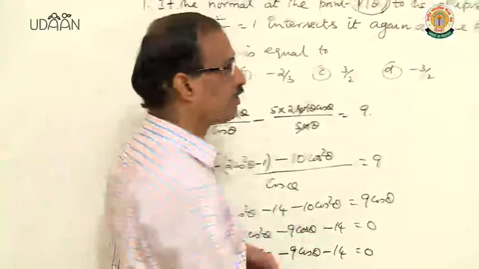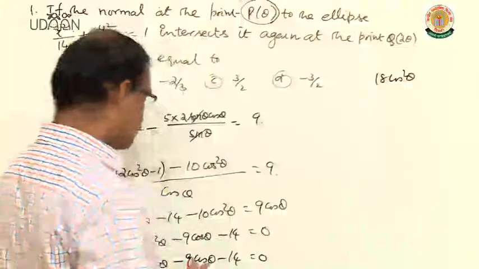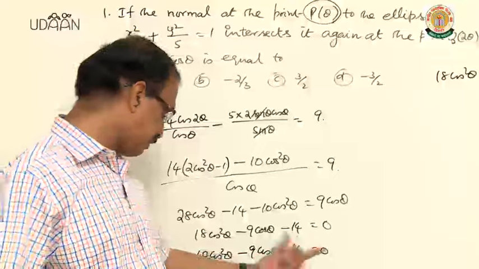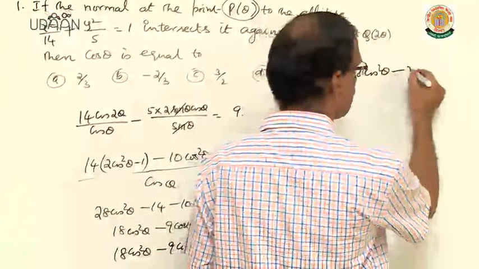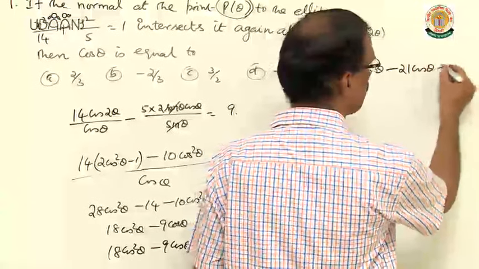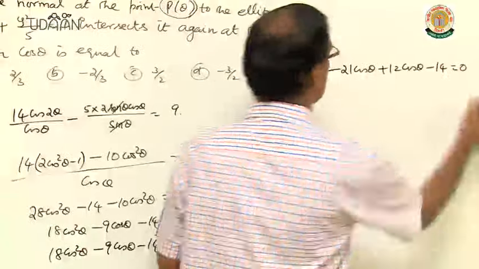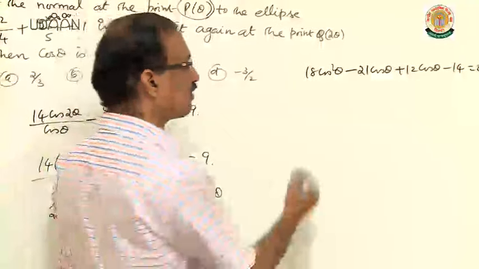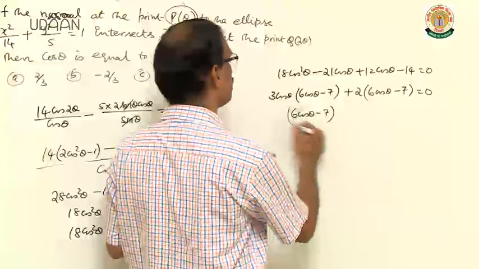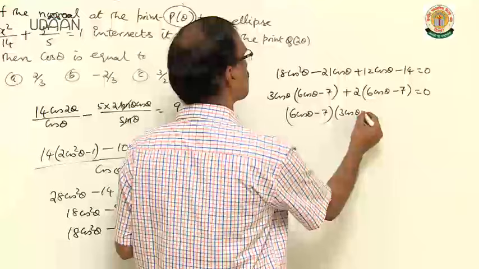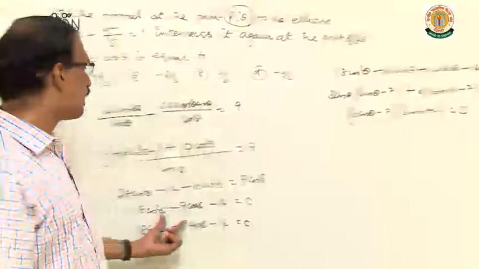How to factorize this? For 18 cos squared theta, the sum is minus 9 and the product is 18 into minus 14. So we get minus 21 cos theta plus 12 cos theta. Factorizing, this gives us 6 cos theta minus 7 into 3 cos theta plus 2 equals 0.